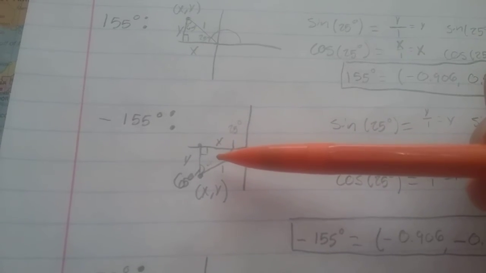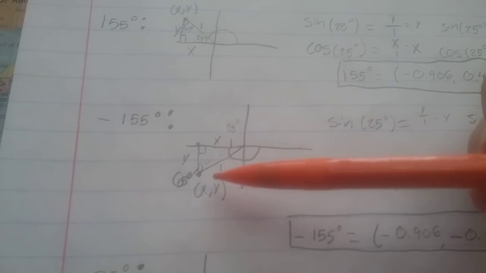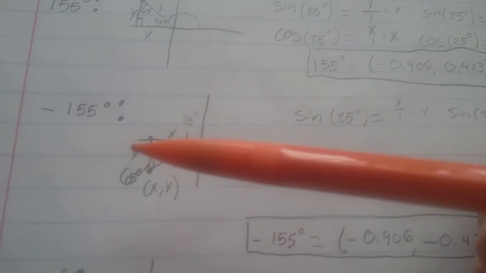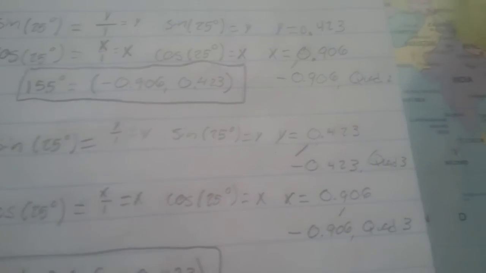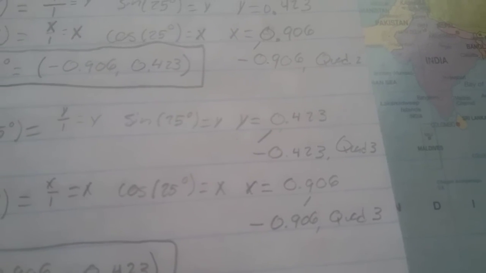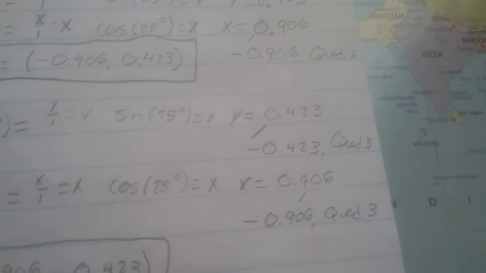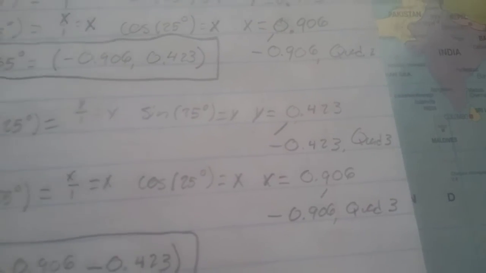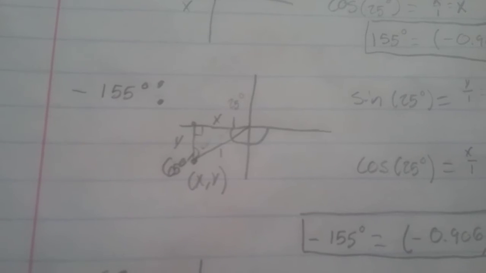That way we can set up the whole thing and use trigonometry to solve for the coordinates of the point. So we look at sine, which is going to be our opposite over the hypotenuse. Y over 1 is equal to y. So sine is going to be 0.423, but we have to remember that this is going to be negative since it is in quadrant 3, and sine is negative in quadrant 3. We can do the same thing for cosine.